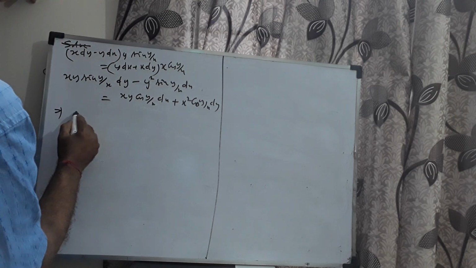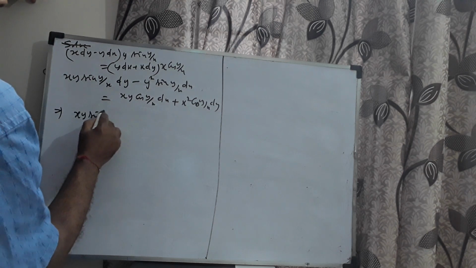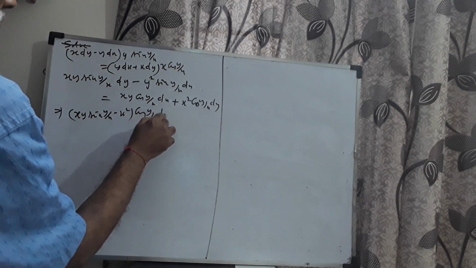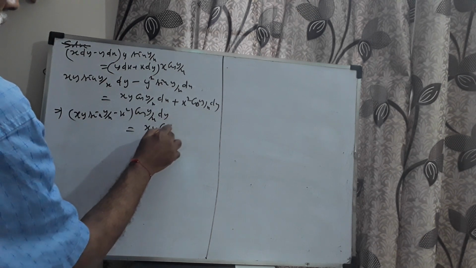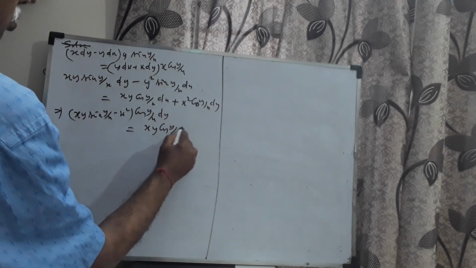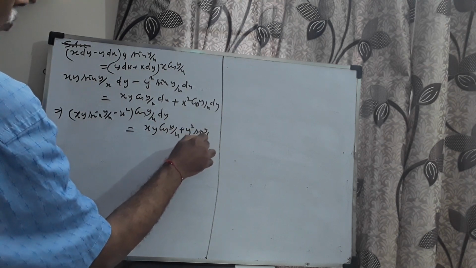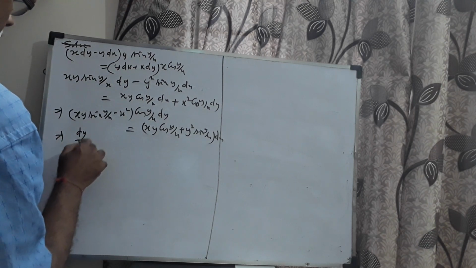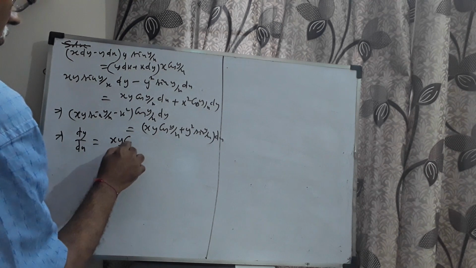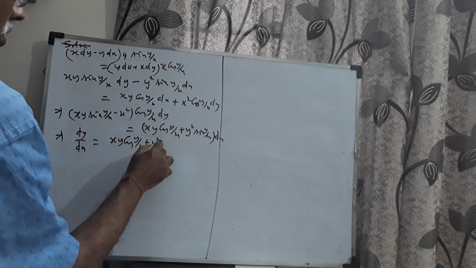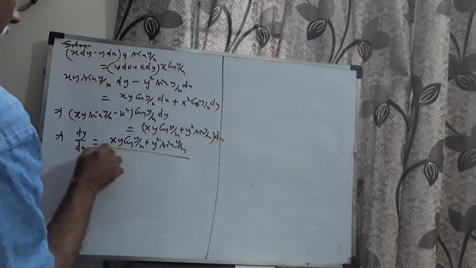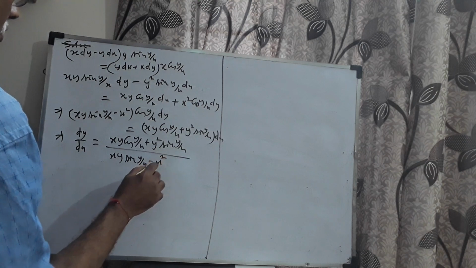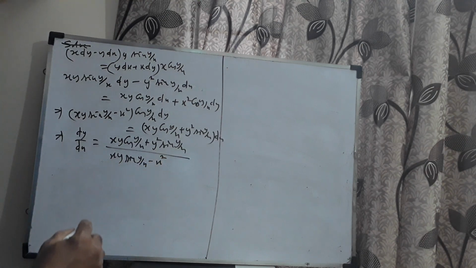Now, which will imply xy sin y by x minus x square cos y by x times dy is equal to xy cos y by x plus y square sin y by x times dx, which will imply dy by dx is nothing but xy cos y by x plus y square sin y by x divided by xy sin y by x minus x square cos y by x.